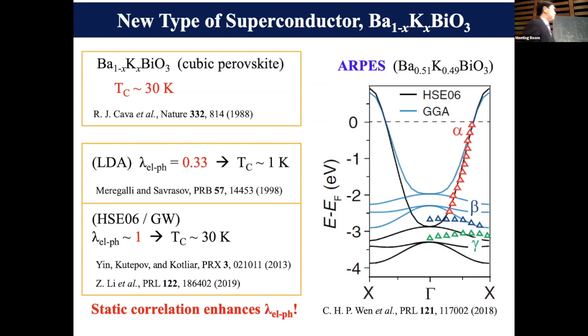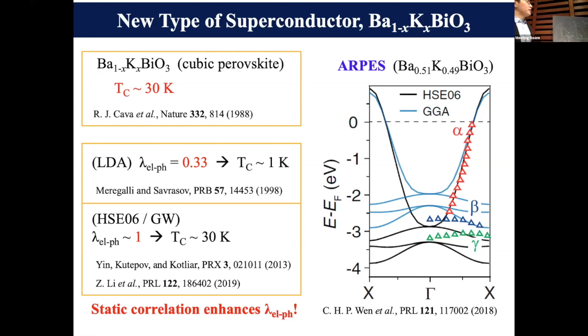So two different groups estimated lambda within the HSE hybrid functional or GW method and found that lambda is nearly 1, so it can explain the observed transition temperature. It means that the static, non-local correlation enhances lambda by a factor of 3.